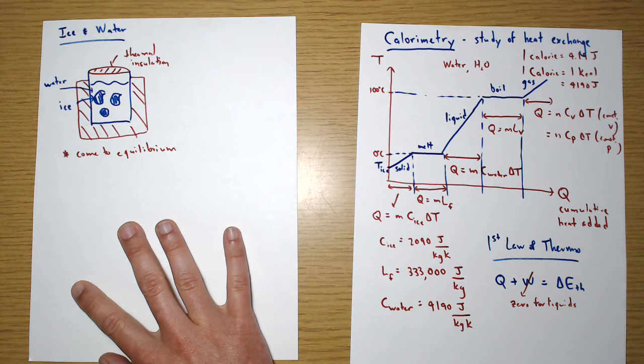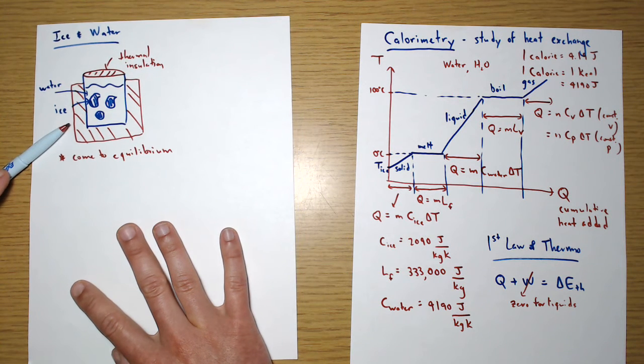Now, if the water is very cold, it's going to take a long time for the system to reach equilibrium, and even with very good insulation, you're going to get a good amount of heat that escapes. But if the water is really hot, the system will come to equilibrium much quicker, and this allows for less heat escape from your system.